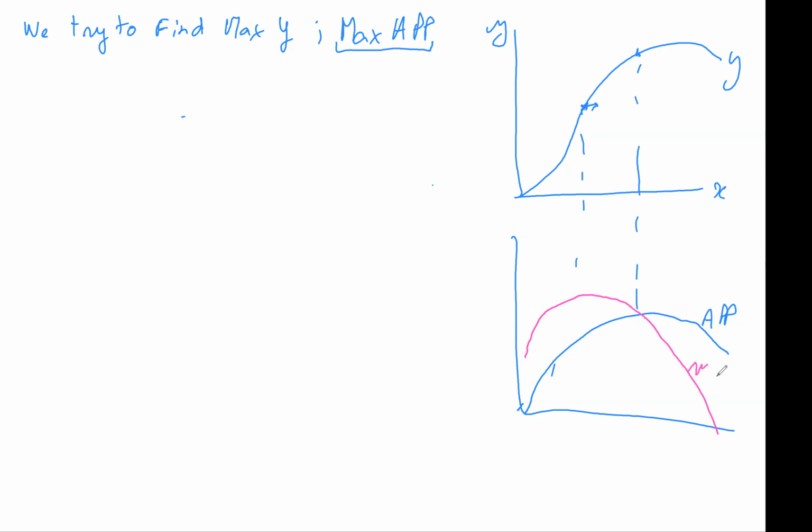This is my marginal physical product. So I can also find at which point x my average physical product is the greatest. To find out, what do I do? At this point here, at the maximum of APP, how is the slope?